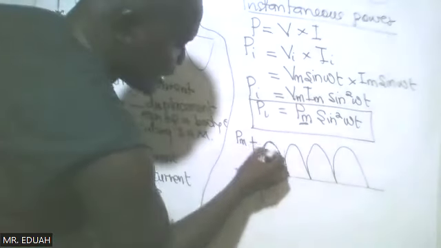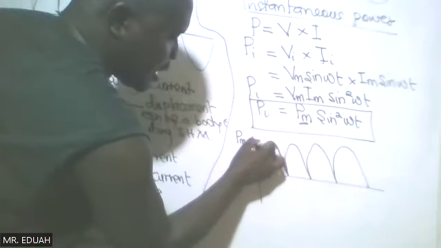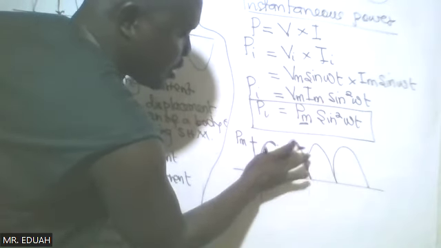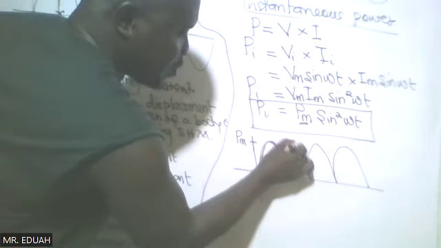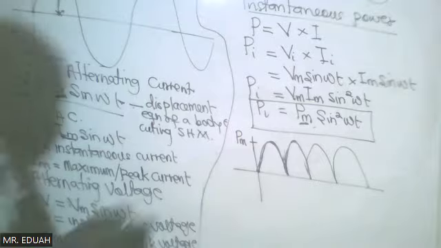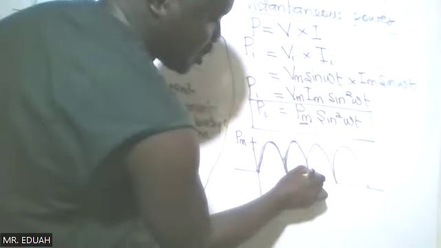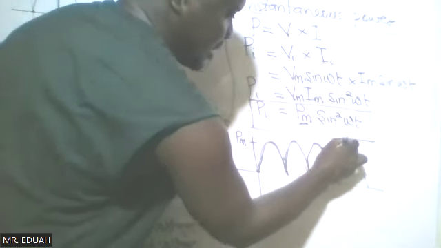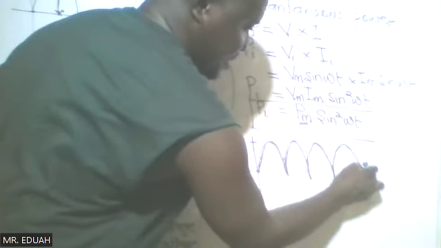Though it's a harmonic changing function, it only flows in one direction, because the sine is squared. So even if it's negative, it will turn to a positive.